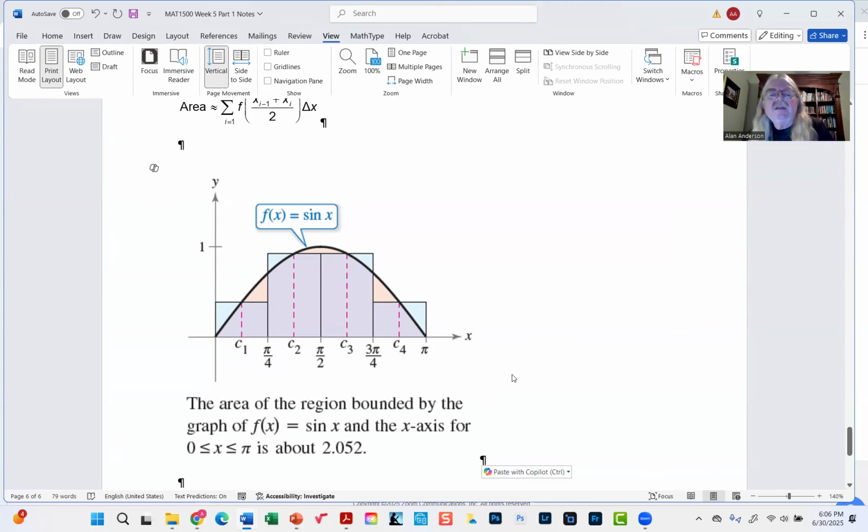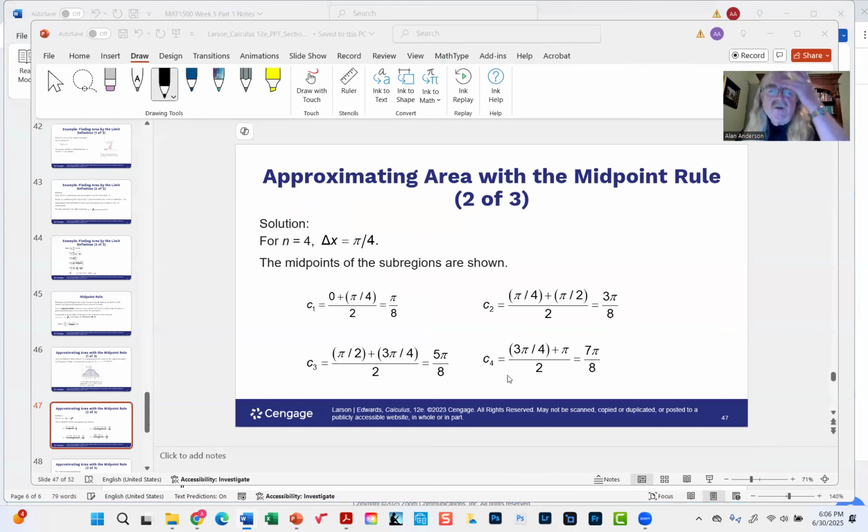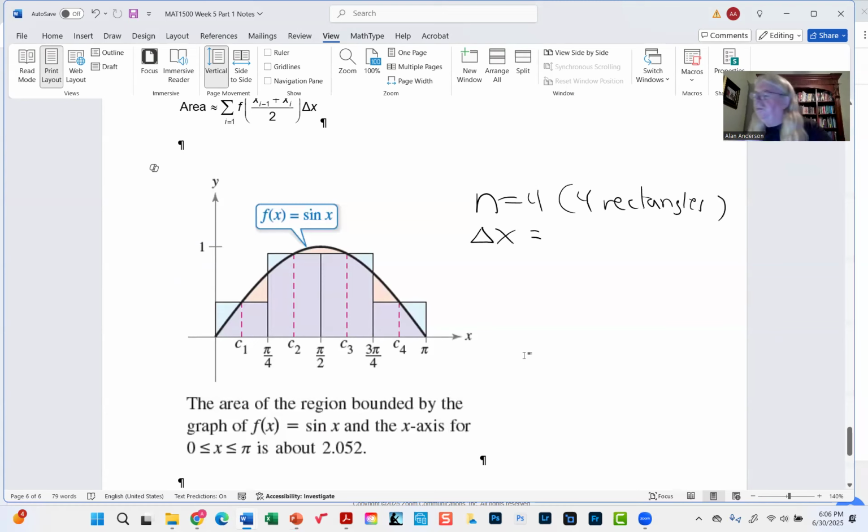So by letting n equals 4, the delta x is going to be the width of this interval. Remember before, it's b minus a over n.